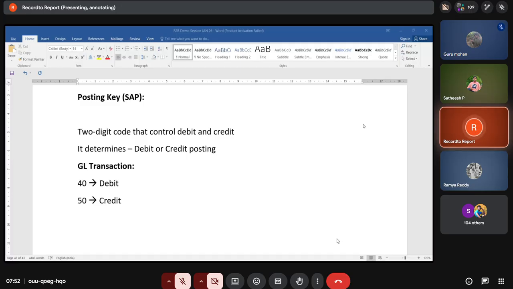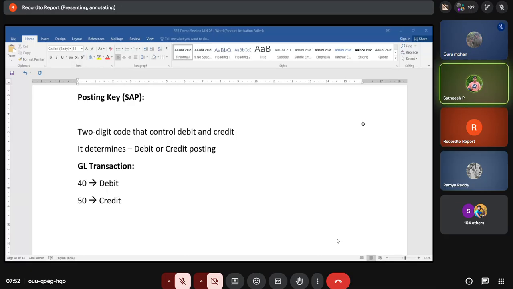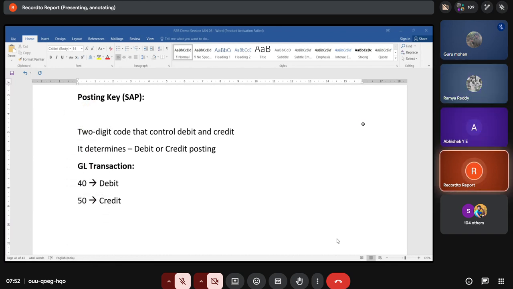Here I am selecting 40. For every transaction they need to update 40 and 50. So all the debit line items are these, and if you want to match the credit line items, you can filter here. Yes, bro, this is 50. So this is in SAP, guys.